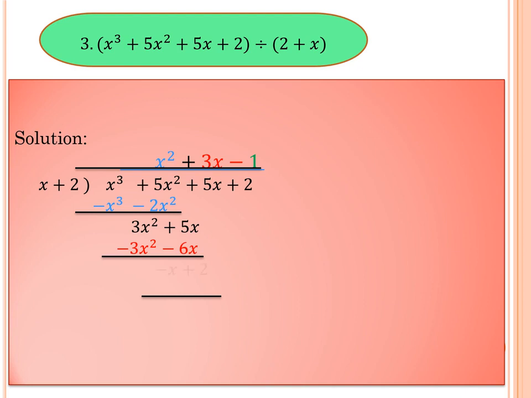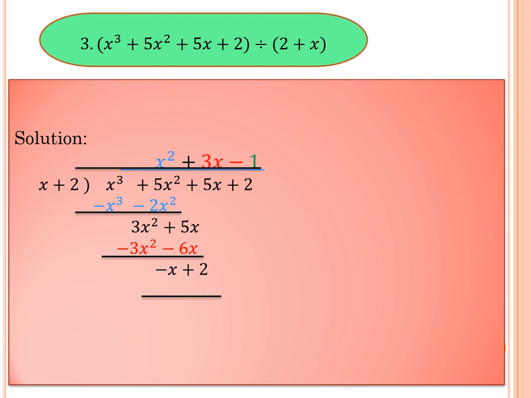Okay? Next, adding this one, we will have negative x plus 2. And this would be our new dividend. So, negative x divided by x is just equal to negative 1. So, yun yung kulay green dyan sa quotient natin. So, negative 1, multiply natin kay divisor ulit.